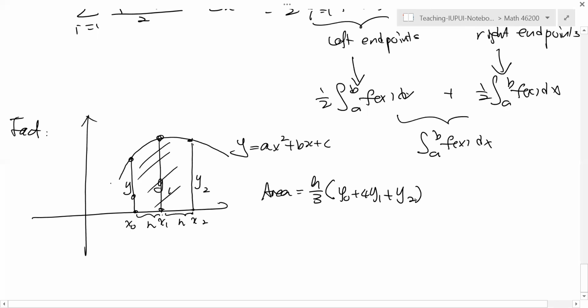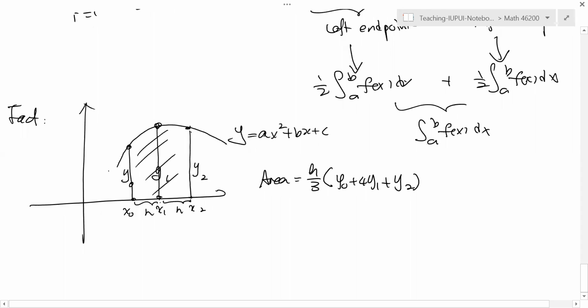That's surprising, and this is actually a good exercise. You can do it by yourself, but it's given in the book. So if a parabola passes through those 3 points with heights y0, y1, y2, then the area of that region is given by this formula.